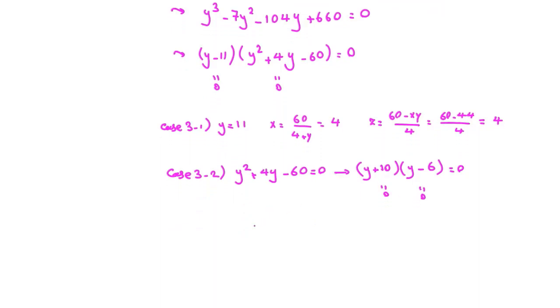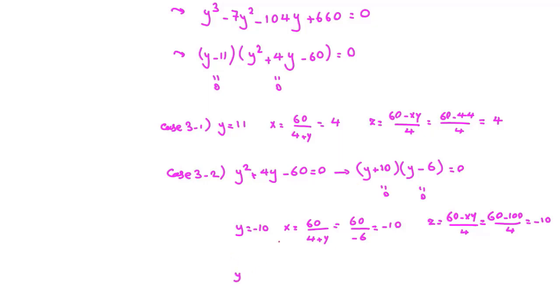The first case, y equal to negative 10, x equal to 60 over 4 plus y. Then 60 over 4 minus 10 is negative 6. And z equal to 60 minus xy over 4. It will be 60 minus 60 over 4, negative 10. So it is another answer.